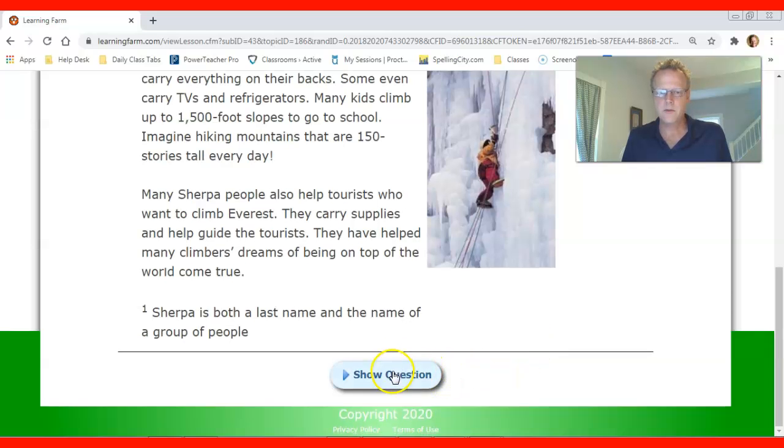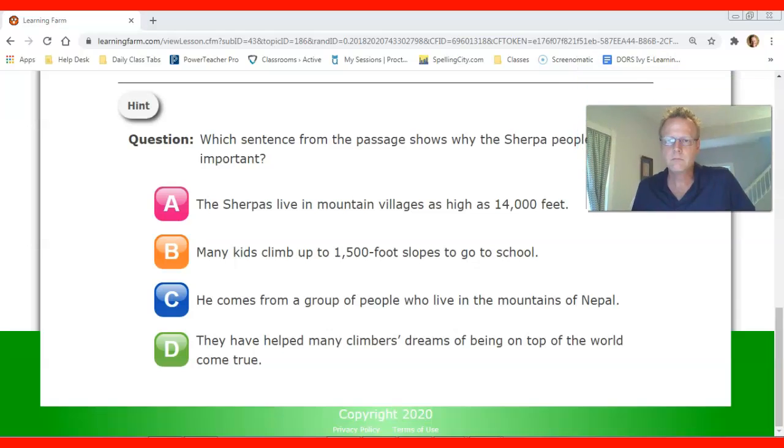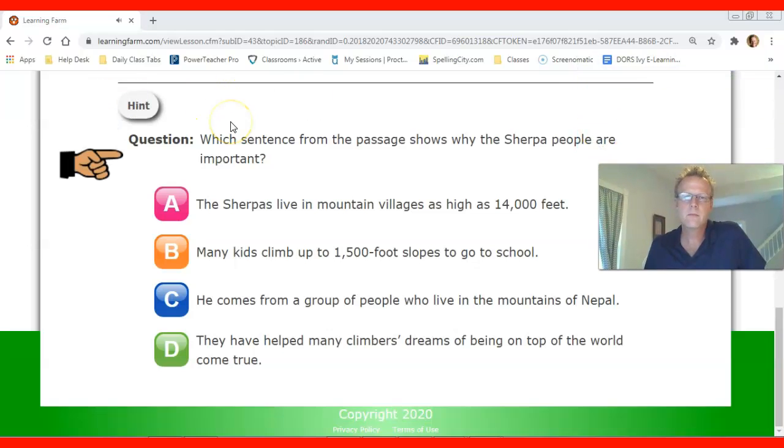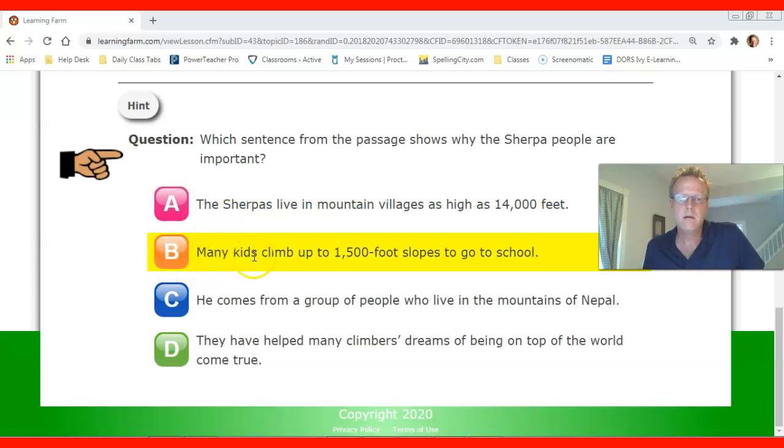Let's take a look at the first question they ask. Which sentence from the passage shows why the Sherpa people are important? A, the Sherpas live in mountain villages as high as 14,000 feet. B, many kids climb up 1,500-foot slopes to go to school.